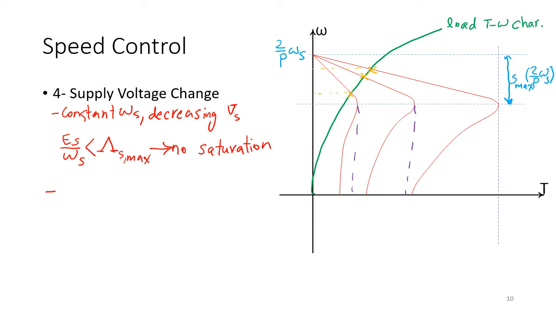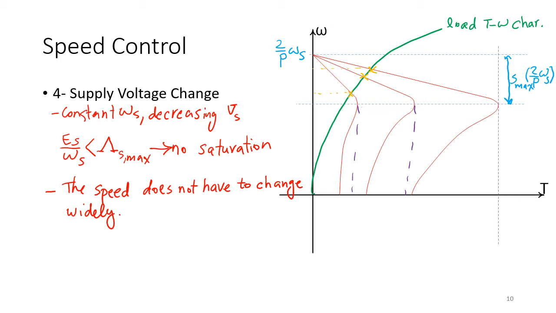So the speed does not have to change widely.